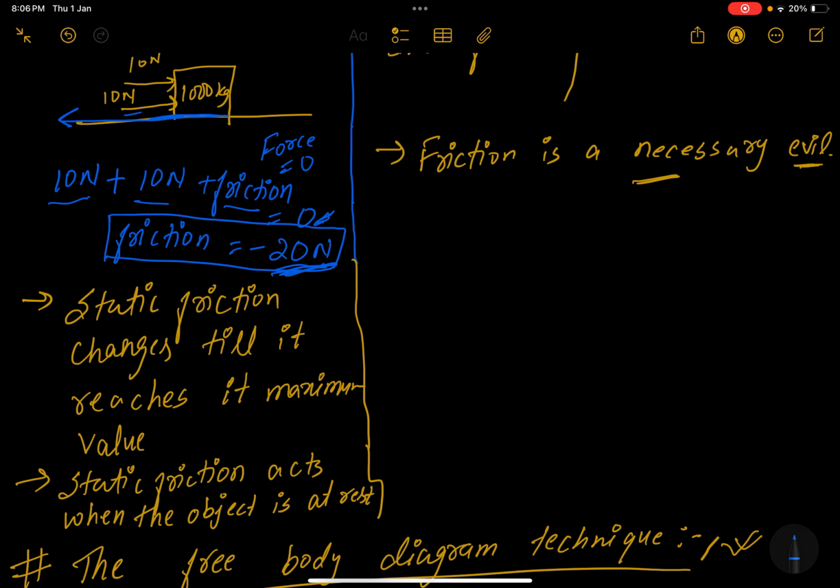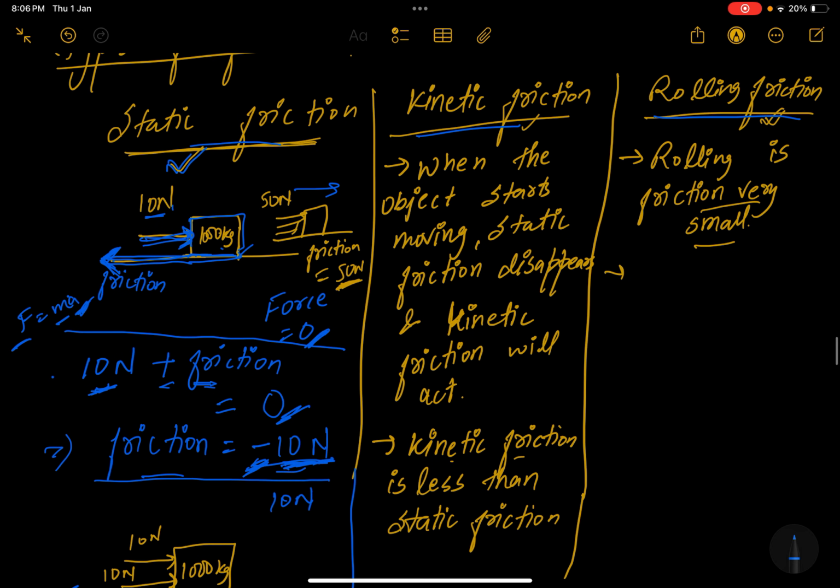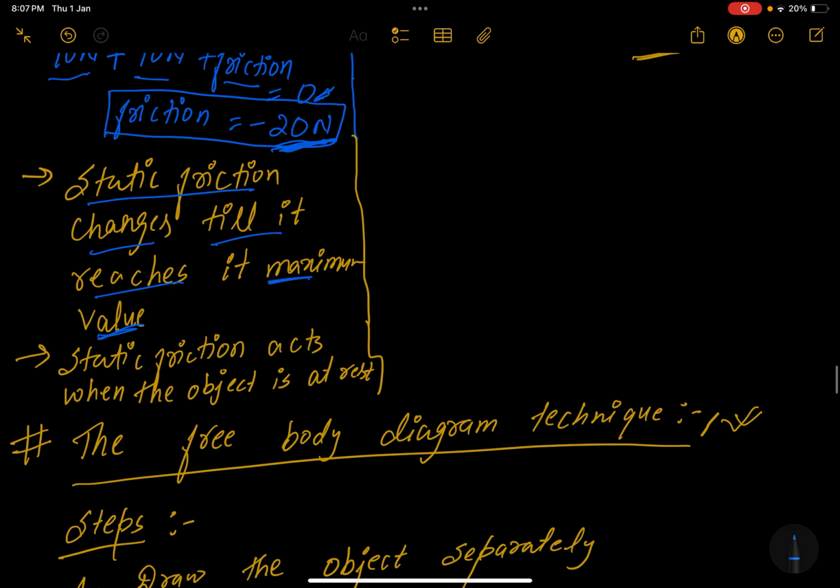So from here we can say static friction changes till it reaches its maximum value. And for this case, when I am bringing 5 friends and applying 50 Newton, this object starts moving. So for this, that maximum value is 50 Newton for this case only.